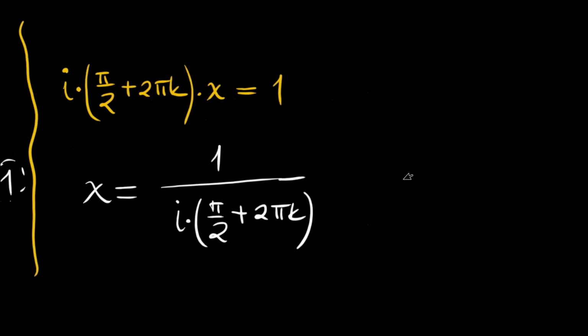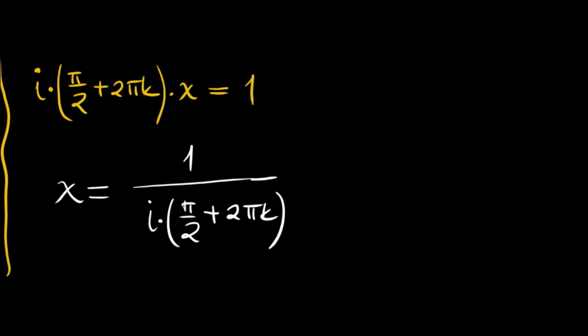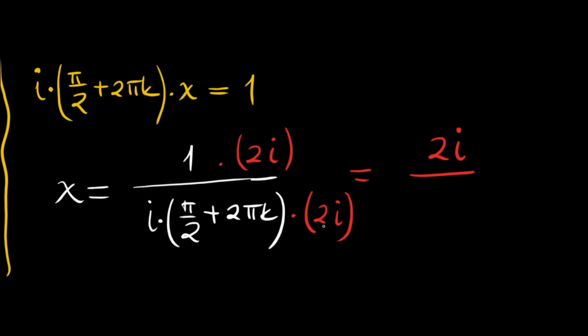We can multiply the numerator and denominator by i and some 2. Let's multiply this by 2i, and this one again 2i. We will have 2i divided by this i squared becomes -1, so we can write this negative here, and 2 times pi over 2 will become pi, and 2 times 2 pi k will become 4 pi k.